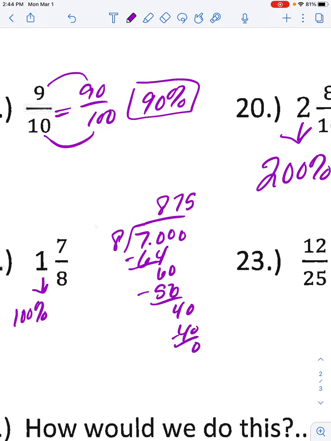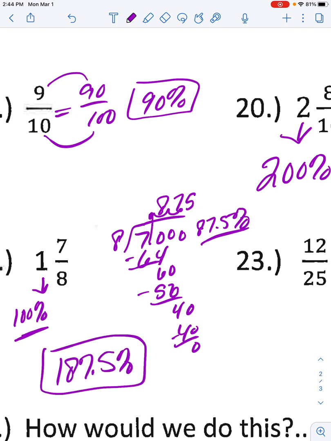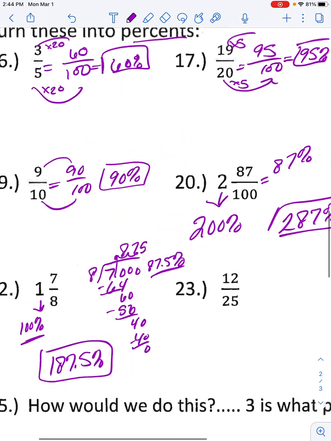Okay, so 7/8 is 0.875. You're going to move the decimal twice to the right to make it a percent. So it's 87.5%. 100% plus 87.5% is 187.5%.